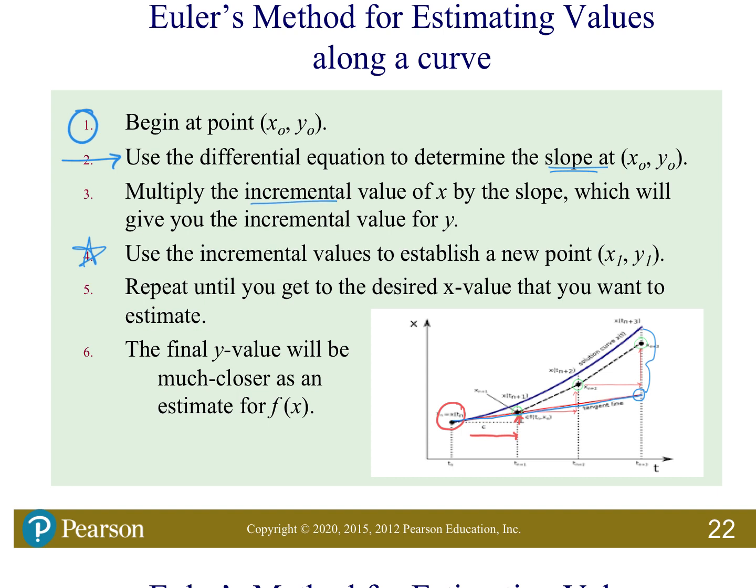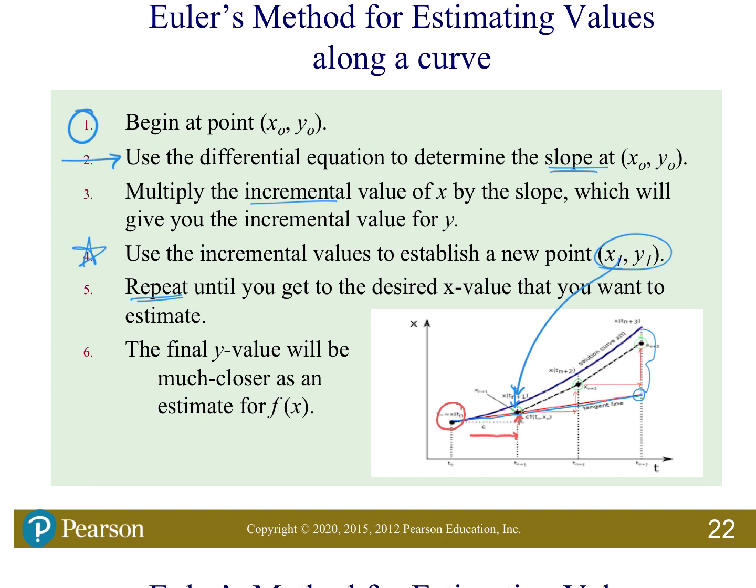Using those values to get to your new point. So we'll call that x1, y1. That was right here. Down farther, that one right there. And then repeating it again, calculating a new incremental run and rise, run and rise, run and rise over and over and over. So just keep repeating it until you end up at your desired value.